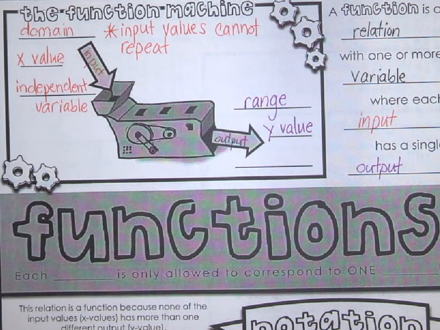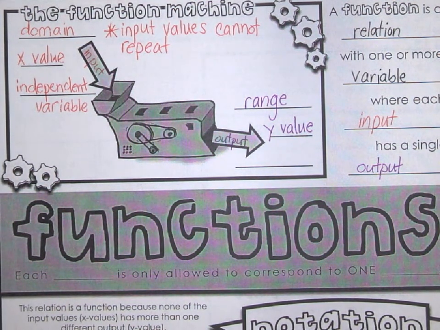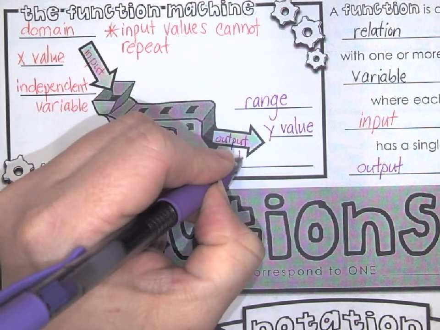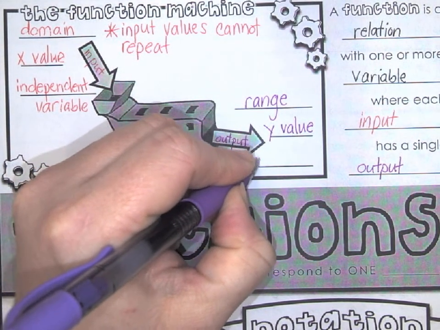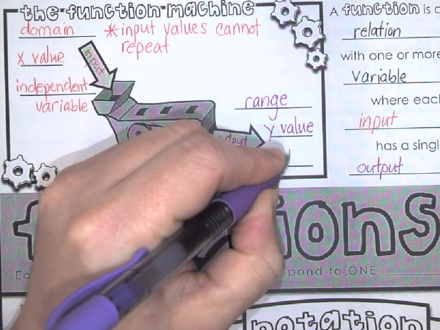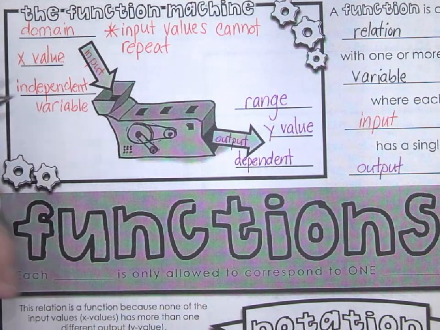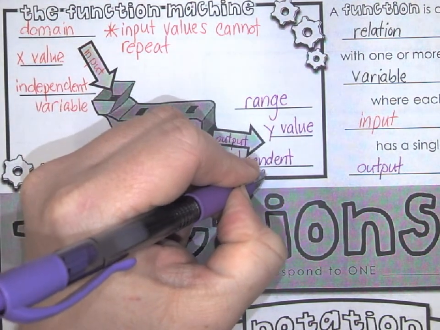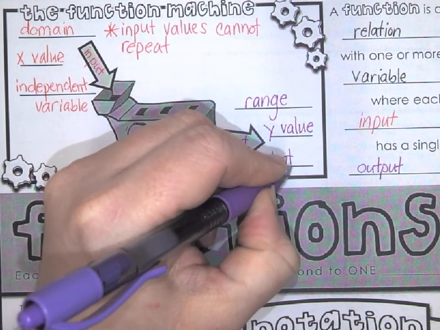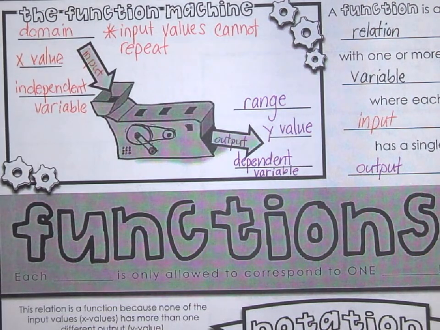So if you have an ordered pair, the y value is your output value. And this is referred to as your dependent variable. And that's because in order to figure out your output, you have to know the input. So the dependent variable is found based on what's happening to your input. So those are some terms.